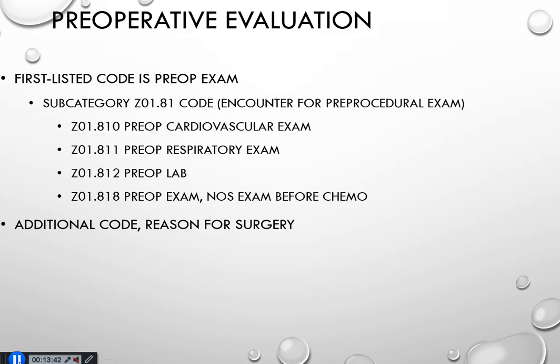Is it a cardiovascular exam, a respiratory exam, maybe some type of lab work, or a pre-op exam for someone before they're having chemotherapy. Usually a surgeon is going to want this type of preoperative clearance performed by the patient's primary care provider, often due to chronic pre-existing conditions.